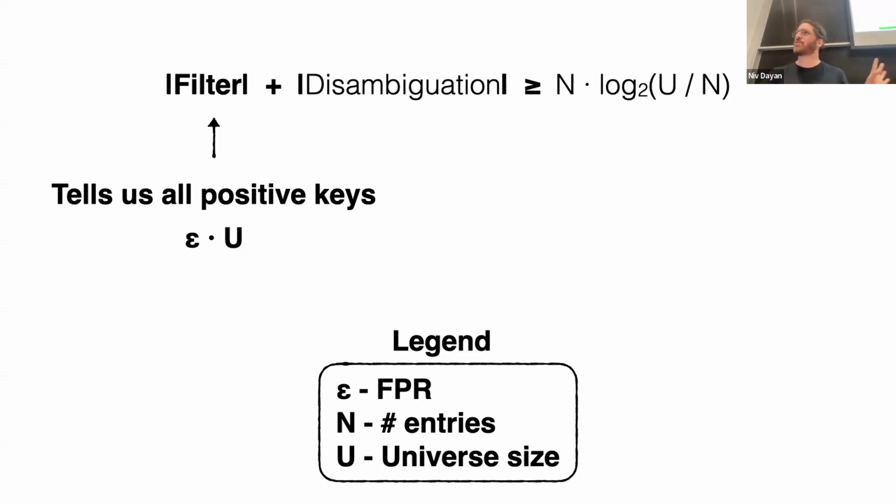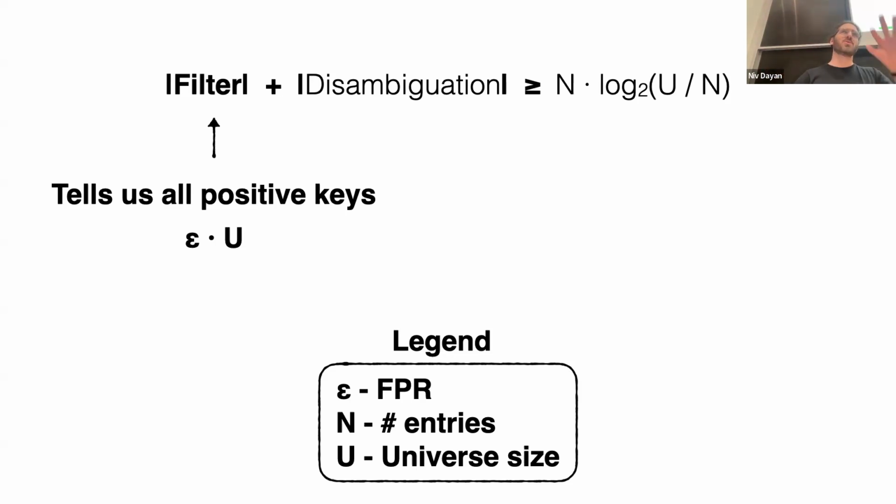Does anybody have a sense of what I need to do next in this proof? Yes? Say that more loudly. Yes, exactly. And what would be the size of the set?